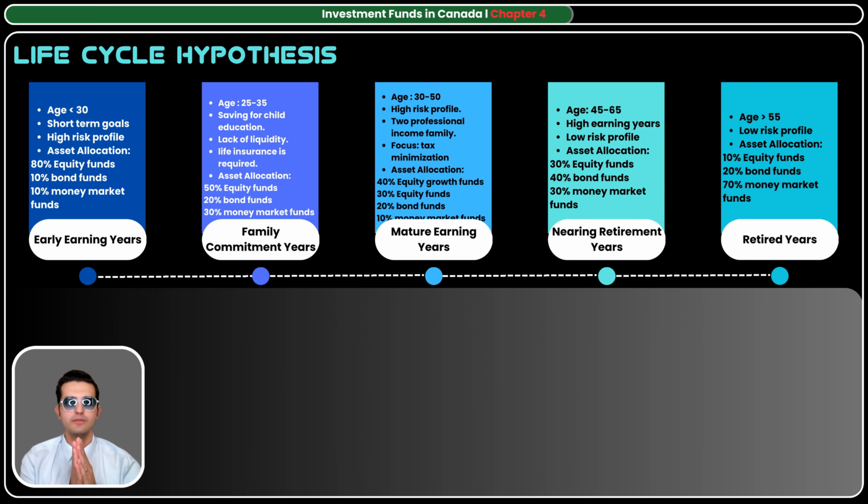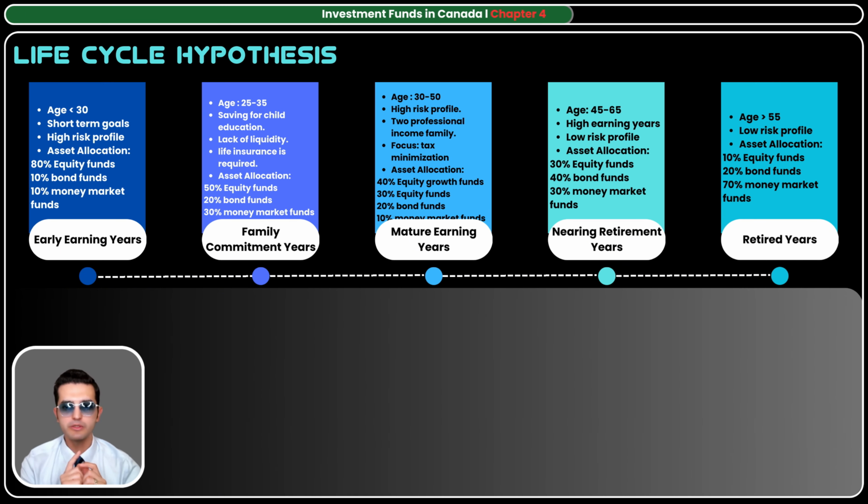Awesome. Will you get a question from this topic? Not only one. I feel like you will get 2 questions just from this topic. So if you haven't taken it seriously, please do it now. Okay? You need to memorize. Some groups make sense, but some do not. So, for example, the primary characteristic of family commitment years was lack of liquidity.